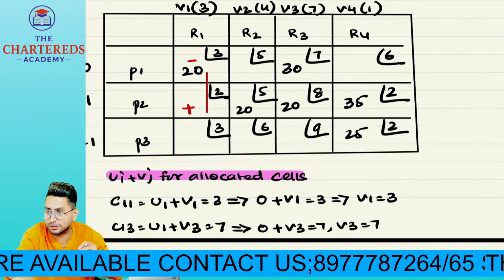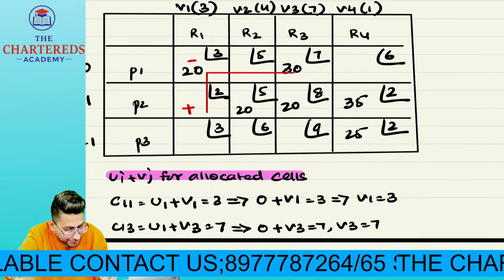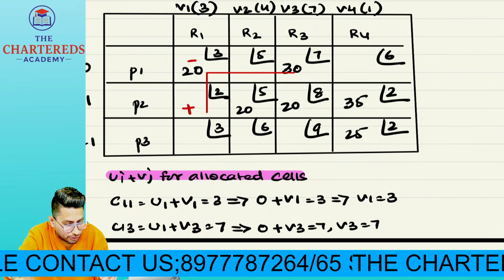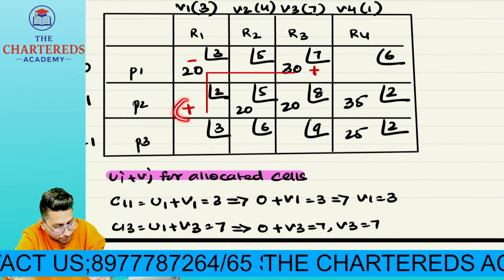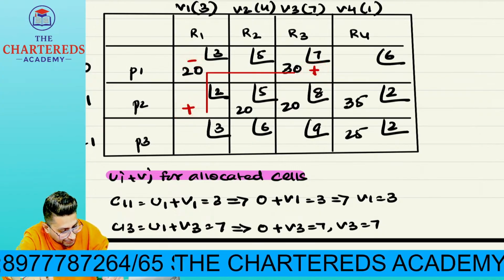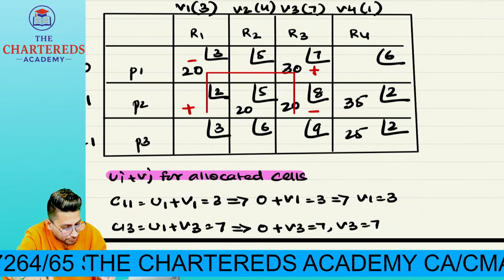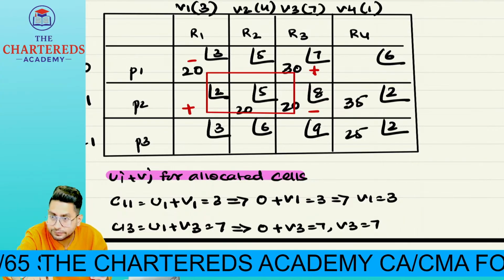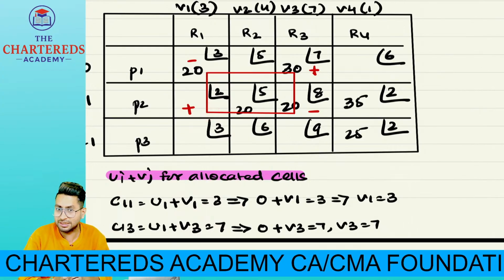Plus, minus, plus, minus we have to put. Next. Can I stop here? Because it is an allocated cell. I will put plus. I start with plus, then minus, then plus. Then, can I turn here? Yes, here I will write minus. And directly I will come here. So the loop starts from the same cell, and the loop also ends at the same cell.